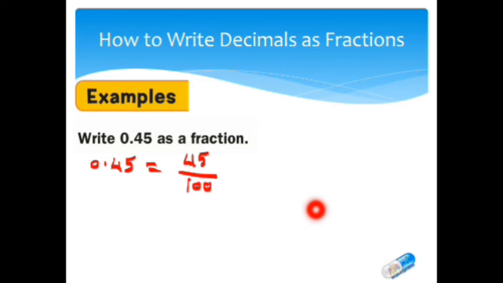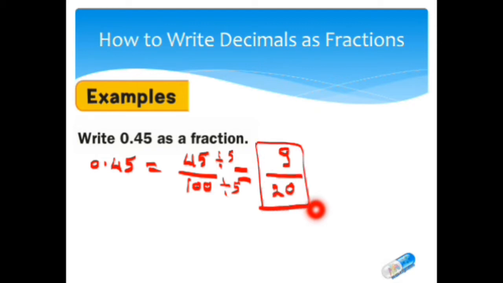This is the fraction form. And 45 hundredths, we can simplify by dividing up and down by what? By 5? Yes. 45 divided by 5 equals 9, and 100 divided by 5 equals 20, and of course this is the simplest form for the fraction.